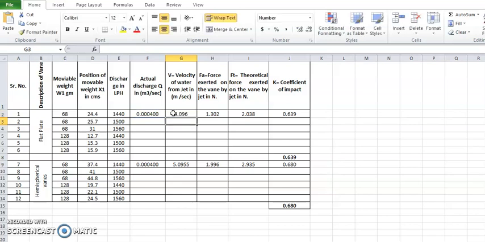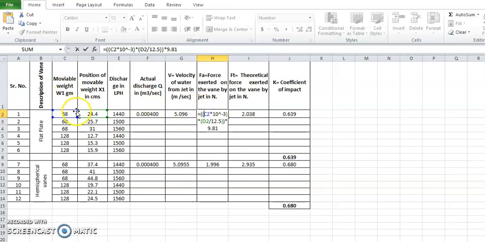And actual force exerted on the vane by the jet is calculated using the formula which is given to you: the weight W into the distance of movable weight divided by the distance of fixed plate.